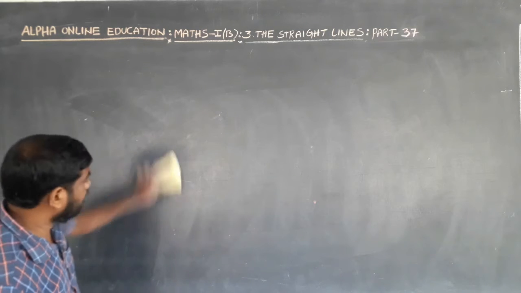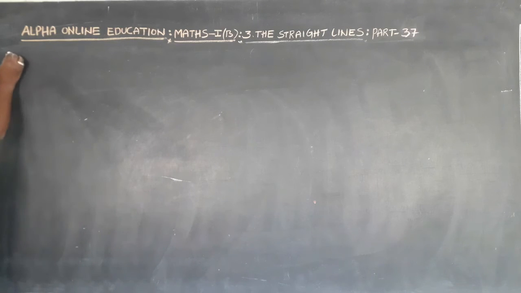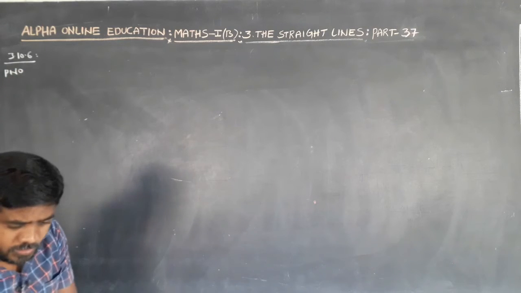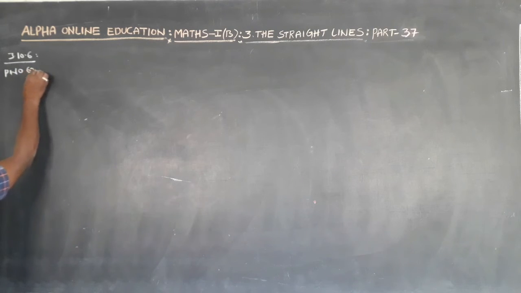Number 3.10.6, page number 62 in textbook.